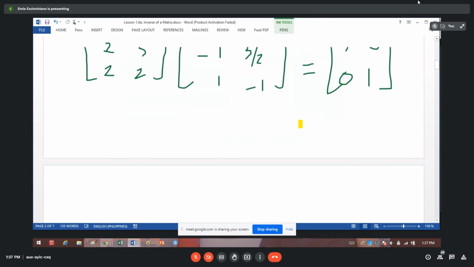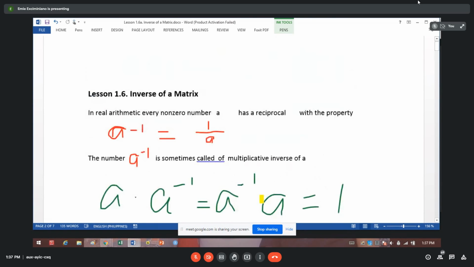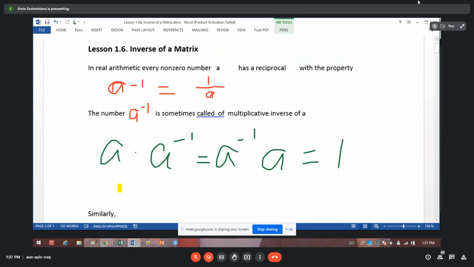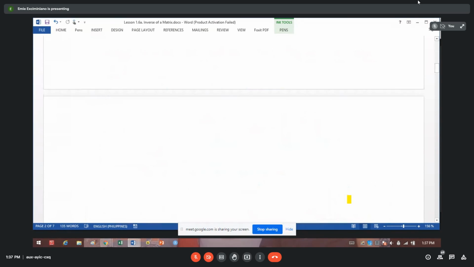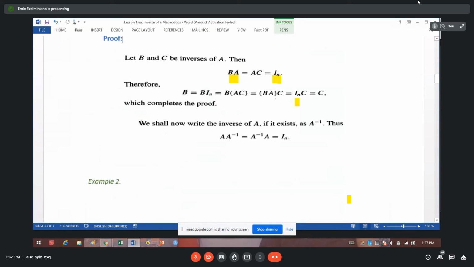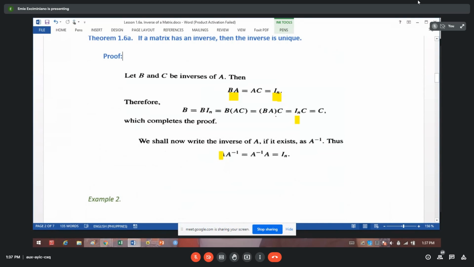Para siyang yung kaninang discussion natin, diba? Kaya lang, in the context of matrix. Okay, we're using the context of matrix. Dapat matrix na yan.